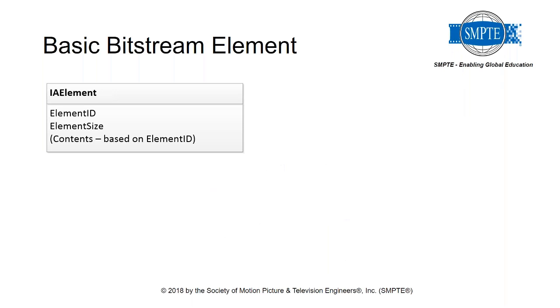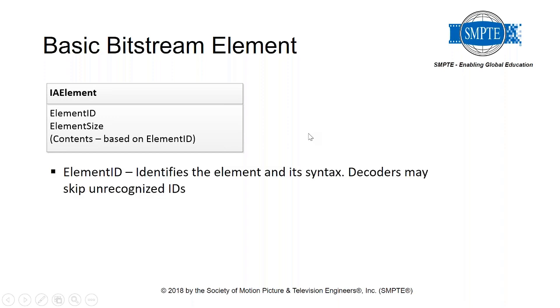So now we'll take a look from a logical point of view. The bitstream defines at its highest level an immersive audio element, and all elements in the bitstream follow this basic pattern, or you could say are derived from this model. They have an element ID and a size, and then contents.